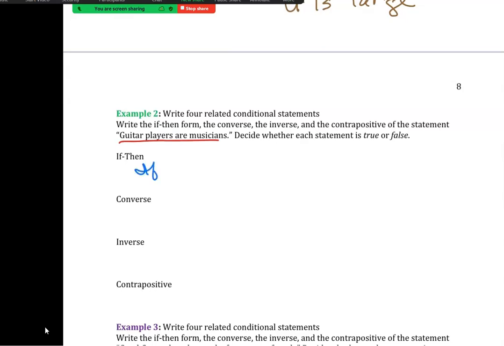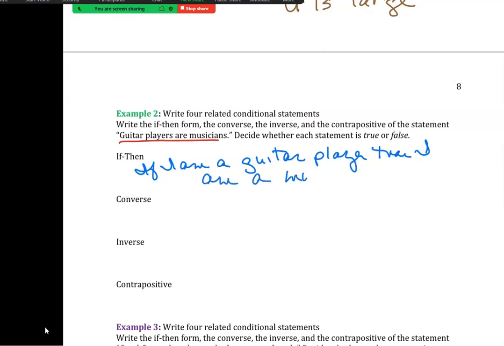So I'm going to say, if I am a guitar player, then I am a musician. Okay, and that could be a true statement. If someone's a guitar player, they're a musician.